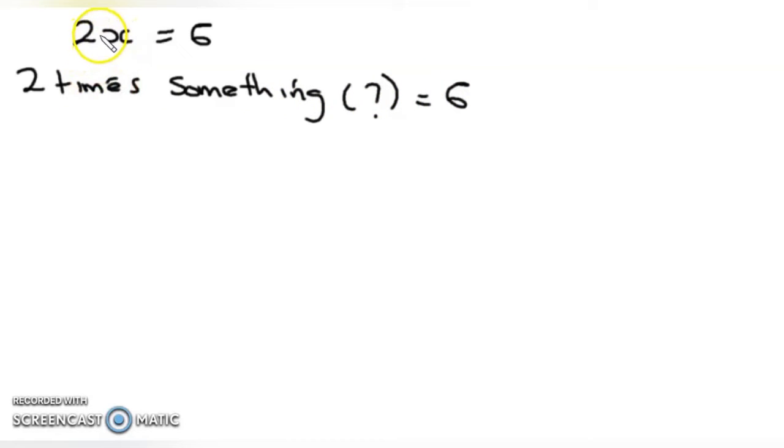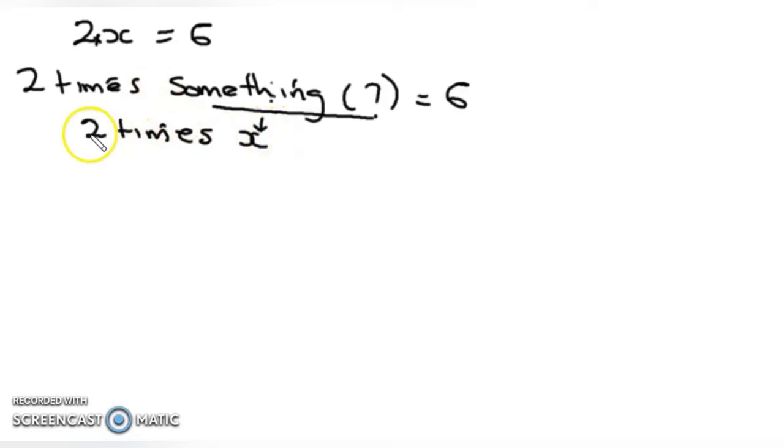When you write a number close to a variable, it is assumed that you are multiplying them. So 2 times x, here, instead of writing something, we write x.